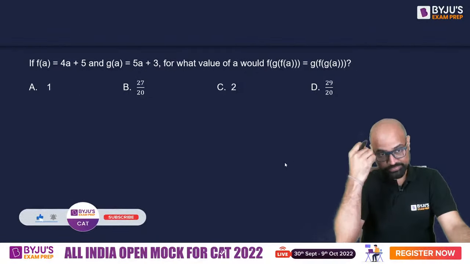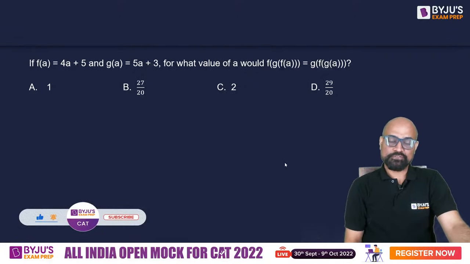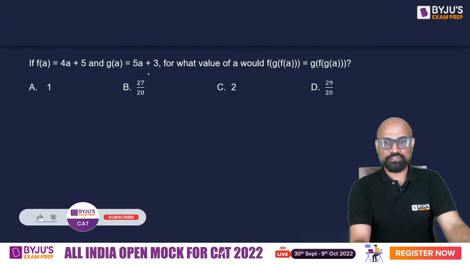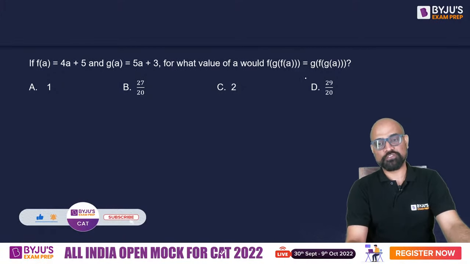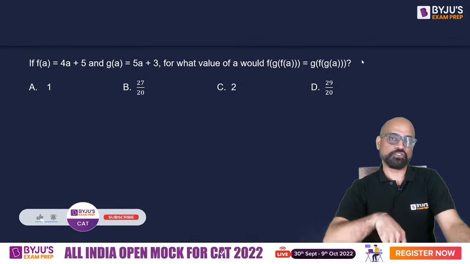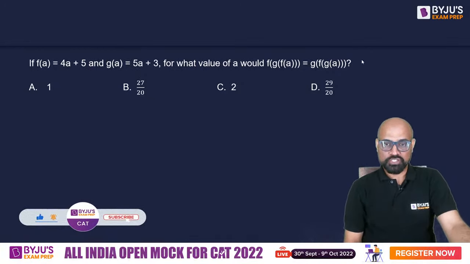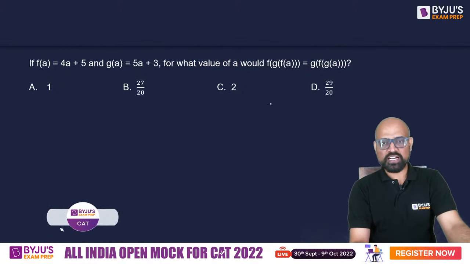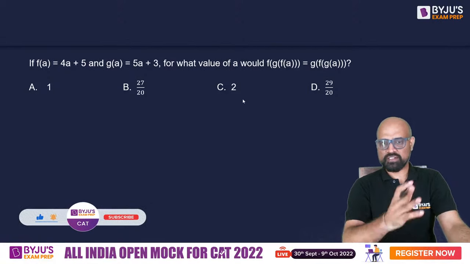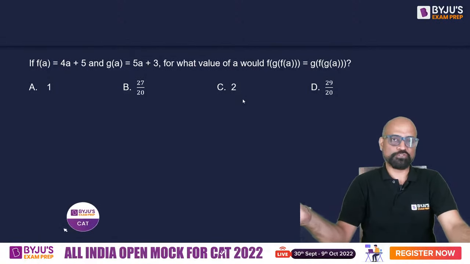Next question. If f of a is equal to 4a plus 5 and g of a is equal to 5a plus 3, then for what value of a would f of g of f of a be equal to g of f of g of a, right? So this is kind of composite plus recursive. So either we can start with the options or we can figure out what f of g of f of a is.